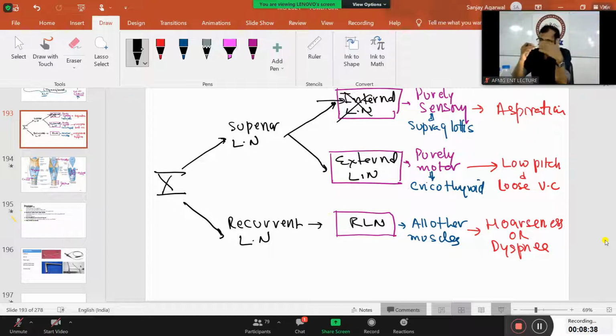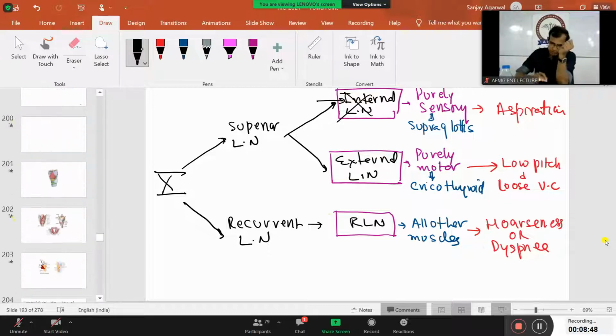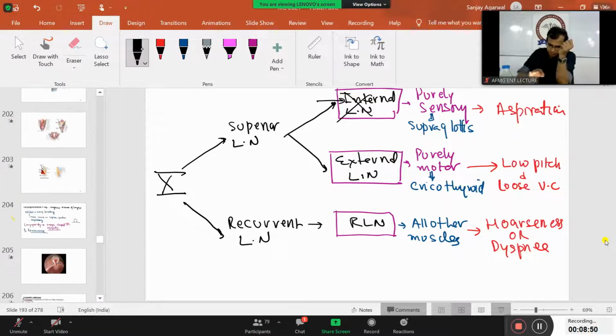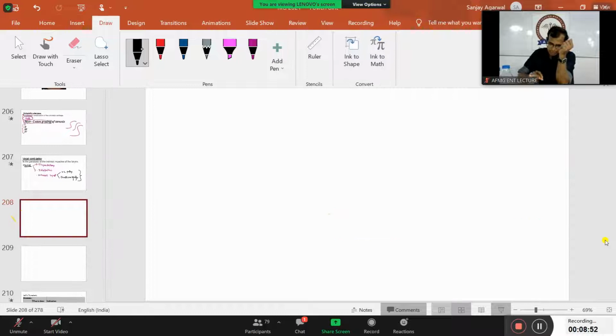So now, what are the palsies possible? You can have palsy of the recurrent laryngeal nerve, palsy of the vagus, palsy of the superior nerve, palsy of the external nerve. That makes four. Recurrent laryngeal nerve palsy is also called abductor palsy.